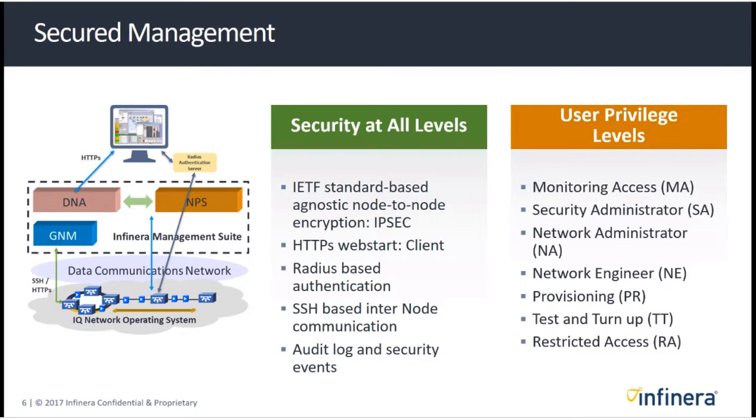These user privileges are predefined, starting from monitoring access, which is a network view read-only access, security administrator to administer DNA and its security aspects, the network administrator who has the ability to administer the entirety of the network, and then other operational roles like network engineer, provisioning user, test and turn-up. So all of this provides a fine-grained model to enable role-based access control for various users.